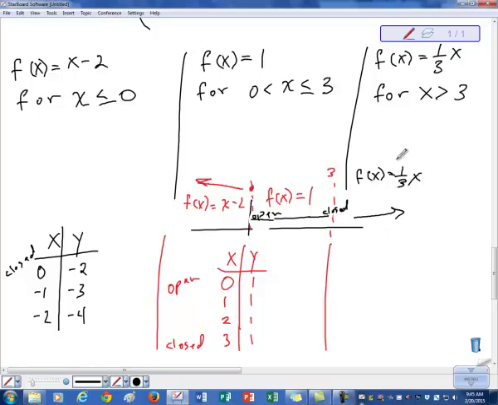And so for f of x is 1/3 x, we put in our table of values, and what do we start with? Because the restriction is at 3, we start at 3. And that's open. And because x is greater than that, we're going to go 3, 4, 5.